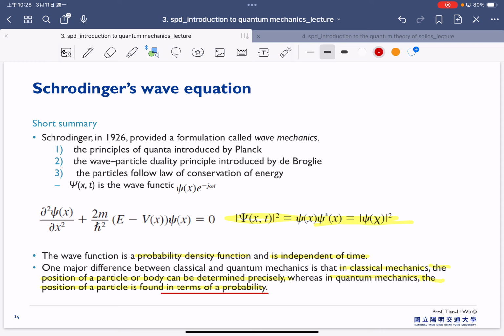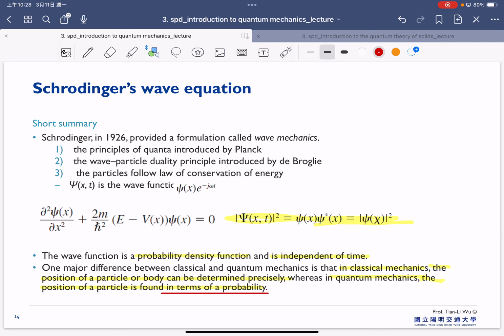So again, don't be confused by this equation. I think the physics understanding conclusion is quite simple. First, what does the wave equation mean? The wave equation generally tries to describe the behavior of an electron in the crystal. And after lots of calculation, we find out that the wave equation actually is a probability density function, and it's independent of time. It's only dependent on the space, on the location here.